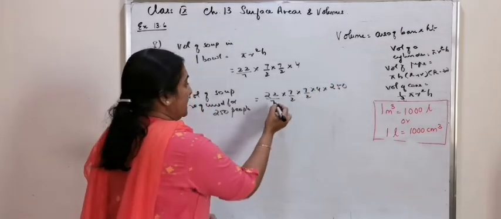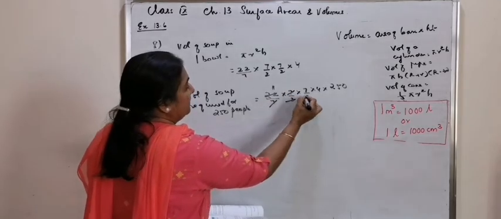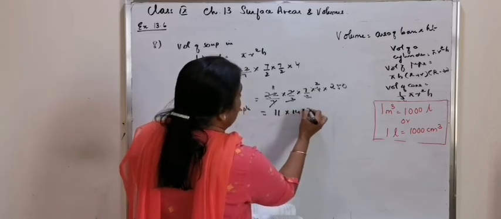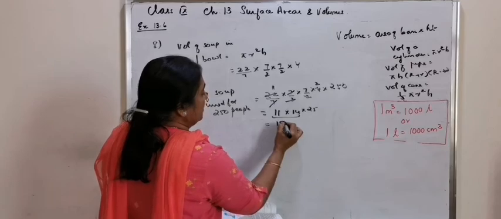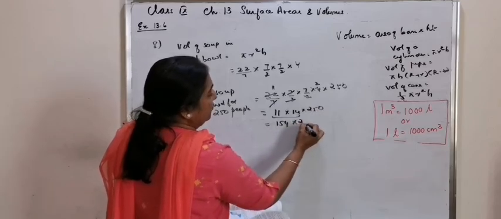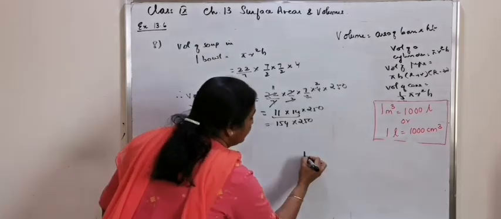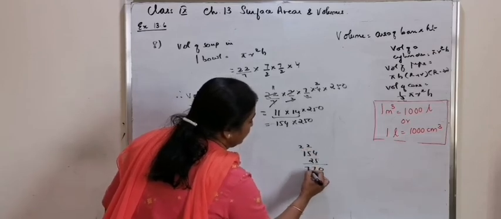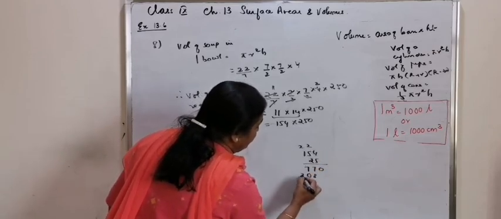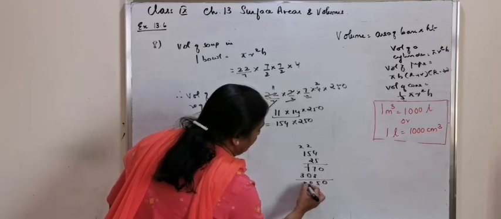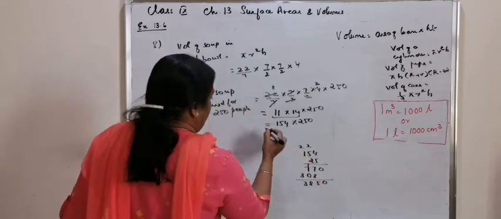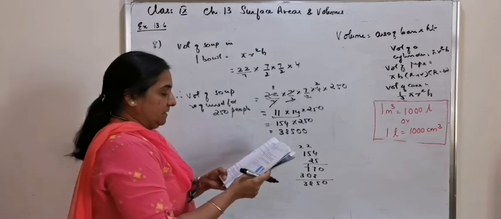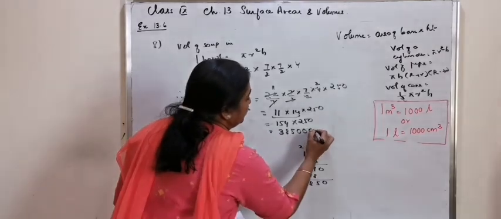You can do the calculations together. 7 gets cancelled, 11, then 2 times, or it is 11 into 14 into 250. 11 into 14 is a common number, 154 into 250, or you can multiply 154 into 25. 5 4s are 20, 4 2s are 8, 5 2s are 10, 3, which is 38,500. The unit is centimeter cubed.